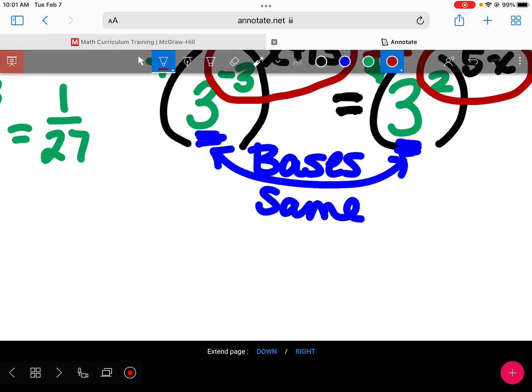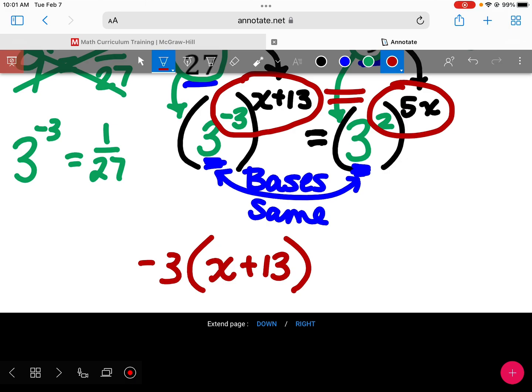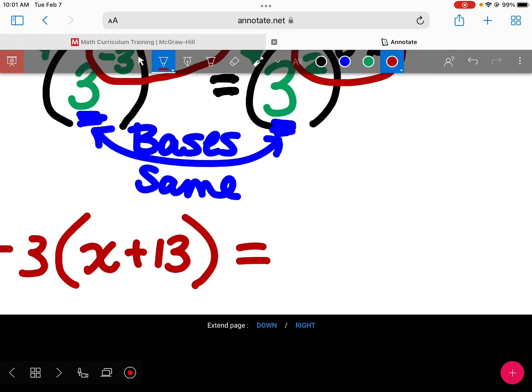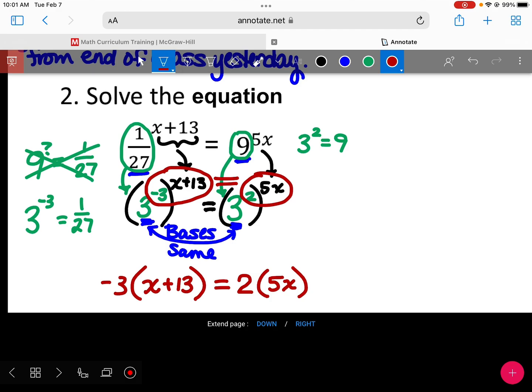So I have that inside green exponent of negative 3, and then we have that outside exponent of x plus 13. I'm going to have to distribute that. So I need all the exponents on the left. It is going to be equal to all the exponents on the right. We have that exponent of 2 that's in green. And we have that exponent of 5x that's outside the parentheses in black.